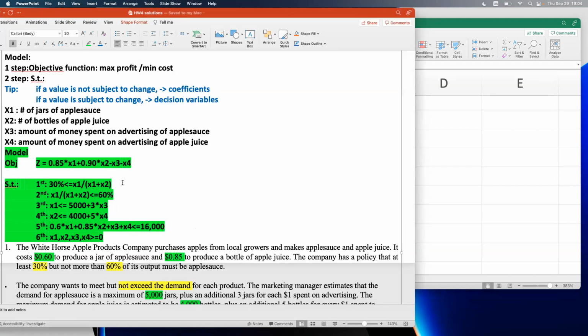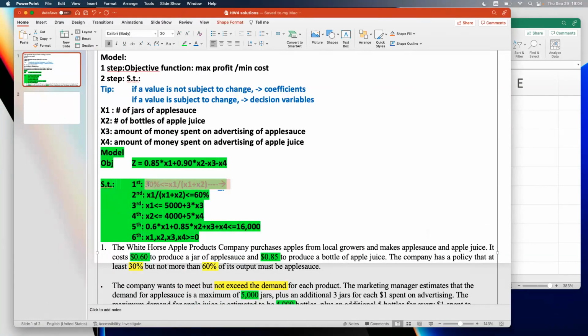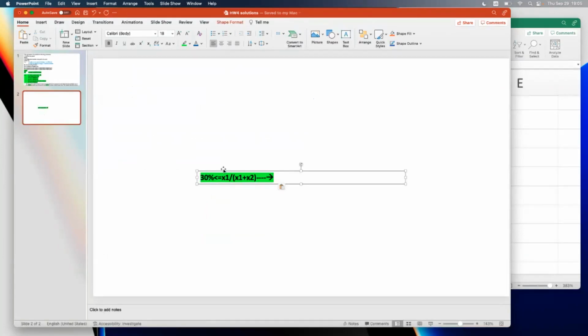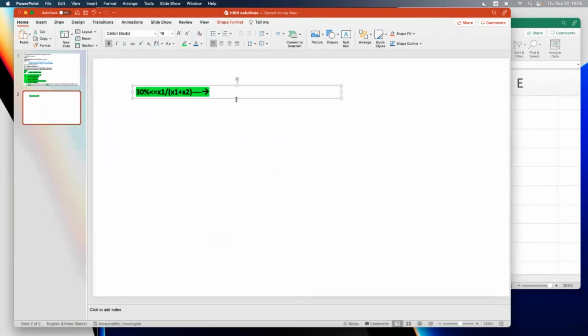So how to simplify that? Maybe I should start with a new page. Okay, over here. So the first step, 0.3 less than or equal to x1 over x1 plus x2.